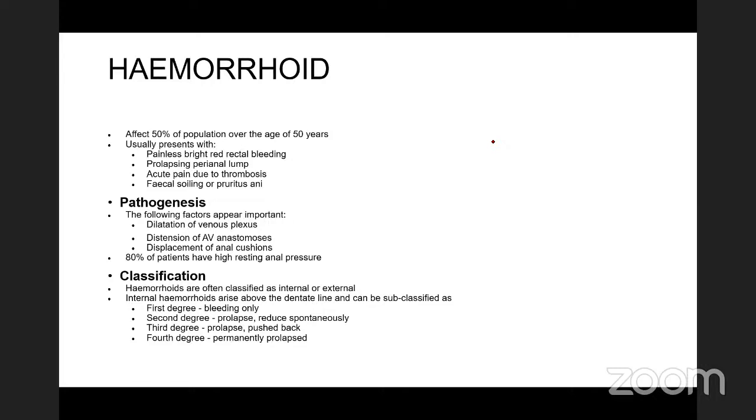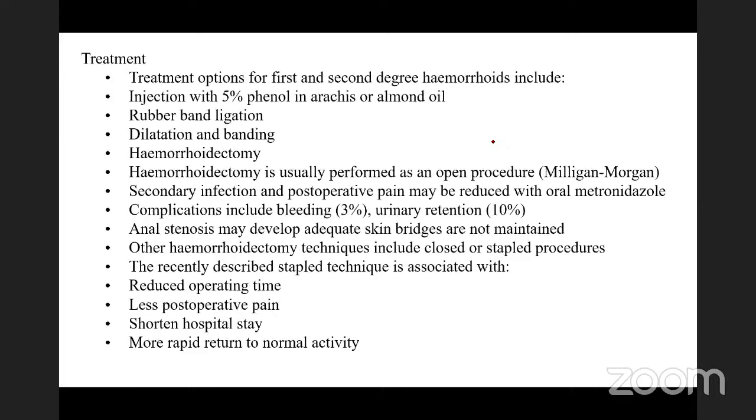In third degree hemorrhoids, the patients have to manually push back the hemorrhoid. He will tell you that when it prolapses, he will manually use his hand to return the hemorrhoid. That is a third degree hemorrhoid. While a fourth degree hemorrhoid is one that is permanently prolapsed.